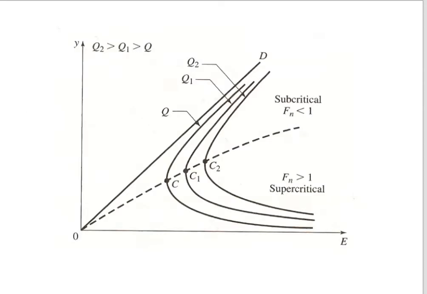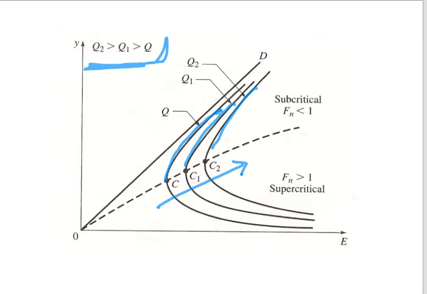Okay, so this is if we have a few flow rates, for example. The curve will become like this. So this is the value of Q, this is the value of Q1, and this is the value of Q2, which is the highest flow rate in this situation. So we found that the curve is moving upward like this.